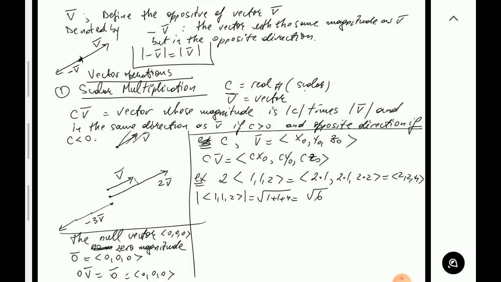And as expected, the magnitude of 2 times 1, 1, 2, which is 2, 2, 4, is the square root of 4 plus 16, which is the square root of 24. But it's very easy to see that this really comes from 4 times 6. So that's, as expected, twice the magnitude of the previous one.